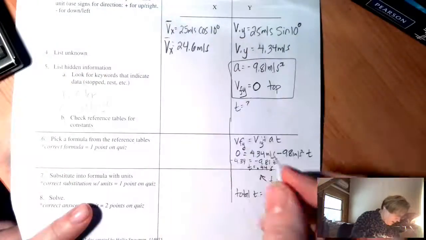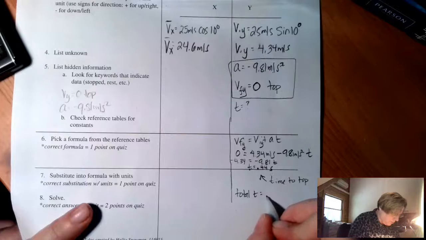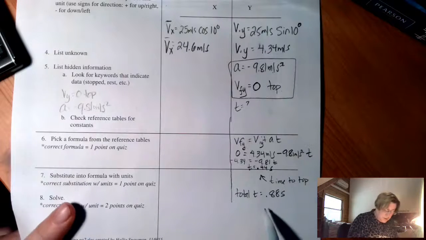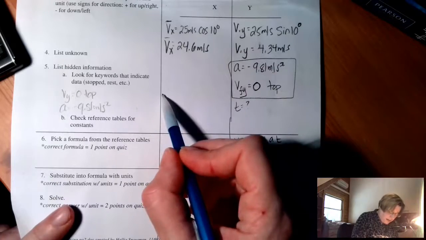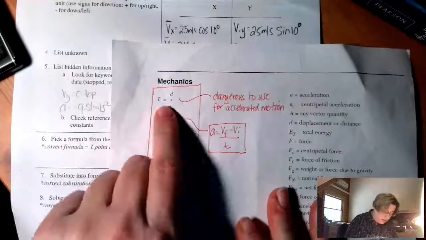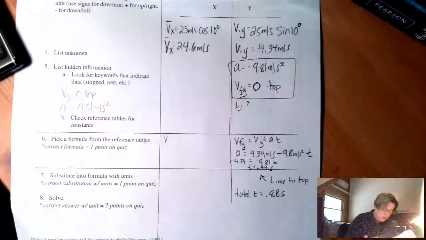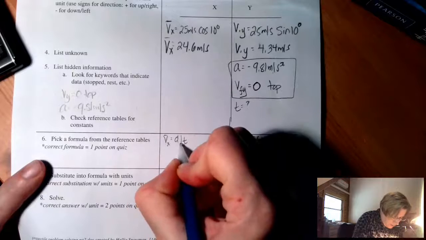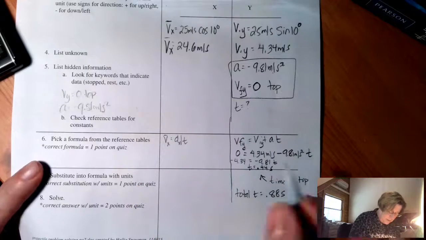Now, what I can do is come over here and actually find the dx. The formula we always use on the horizontal side, because velocity doesn't change, is v equals d over t. Again, be really careful about keeping x and y separate. I'm going to rearrange this, and I get dx equals vxt.